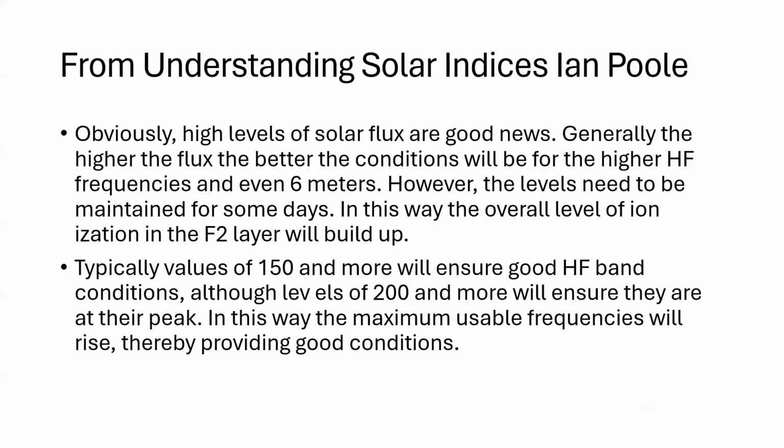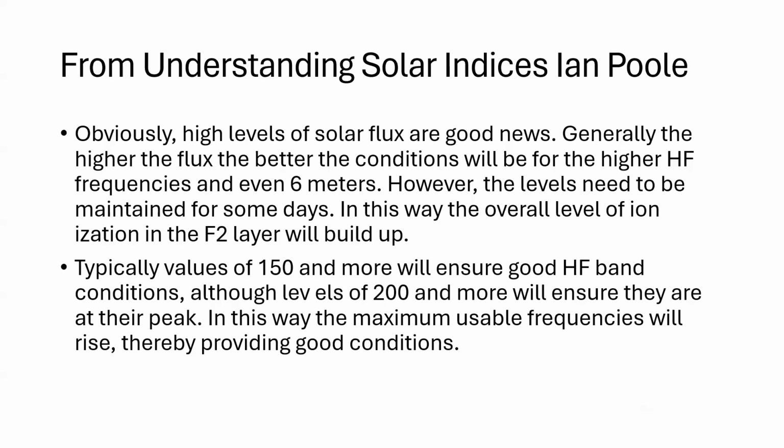And Mr. Poole says that, like currently, high levels of solar flux are good news. Generally, the higher the flux, the better the conditions will be for higher HF frequencies, and even 6 meters, which is like 50 to 54 megahertz.